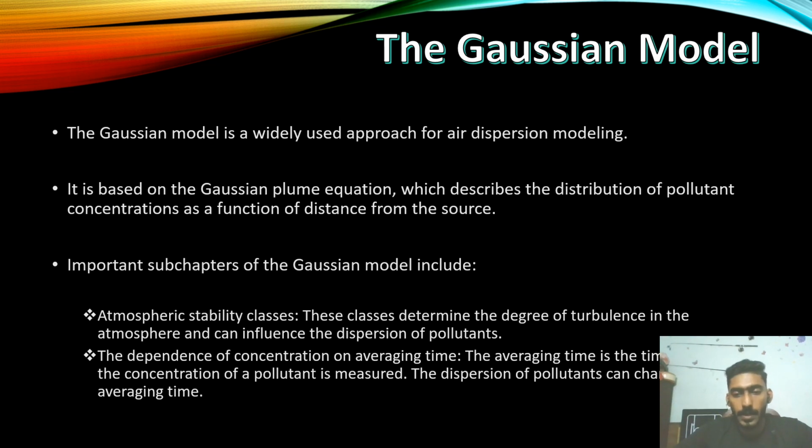These classes determine the degree of turbulence in the atmosphere and can influence the dispersion of pollutants. The dependence of concentration on average time, where the average time is the time over which the concentration of a pollutant is measured. The dispersion of pollutants can change with the average time.